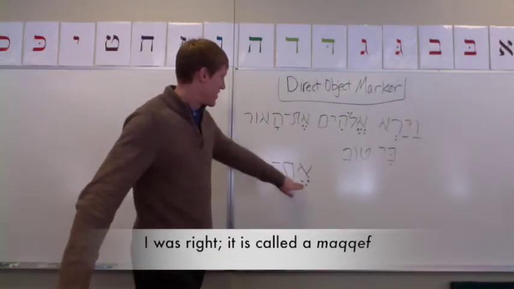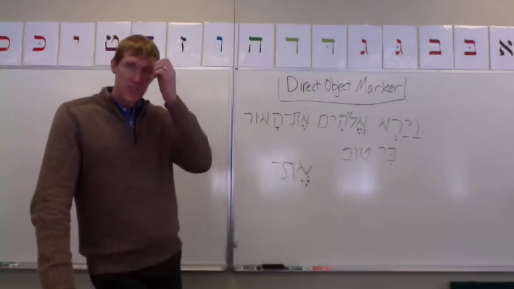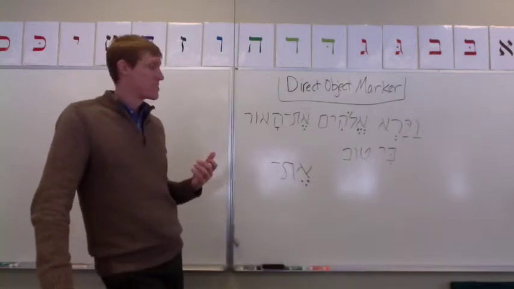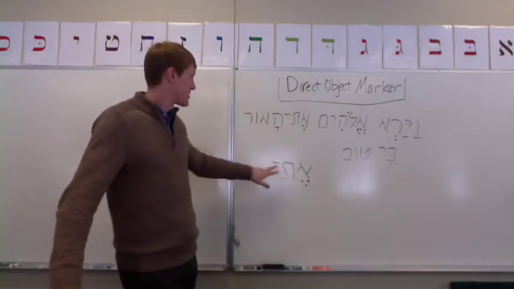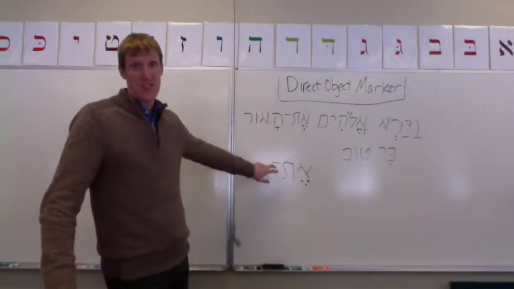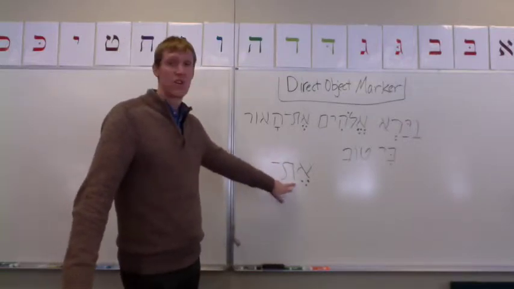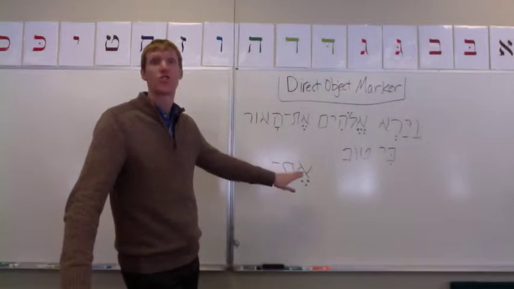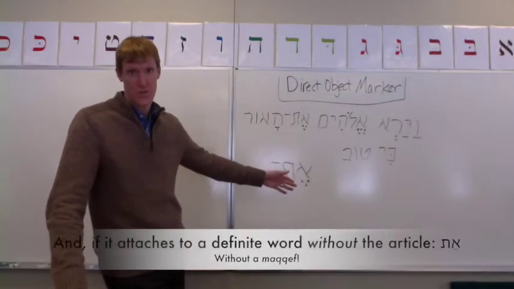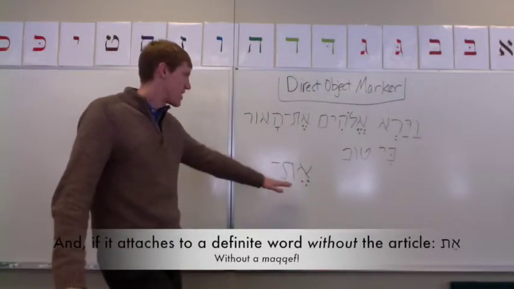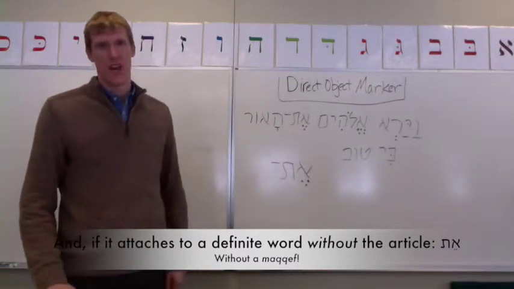So et. In certain situations, for instance, if et has a suffix attached to it, this et will, in most conjugations, turn to ot. But usually it's et with a dash.